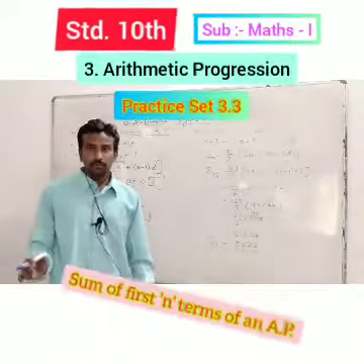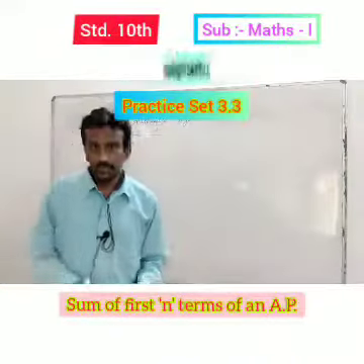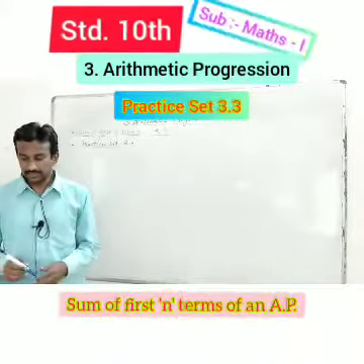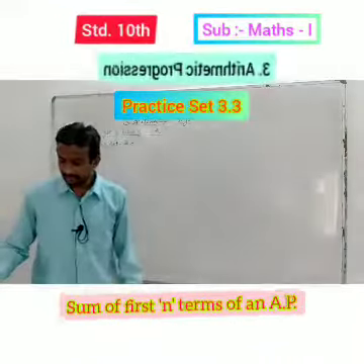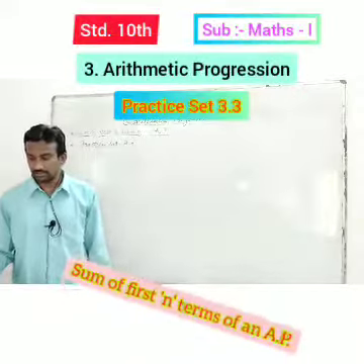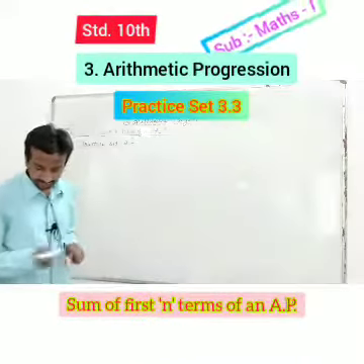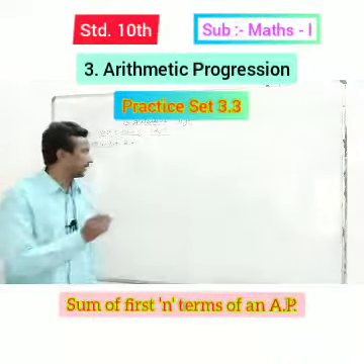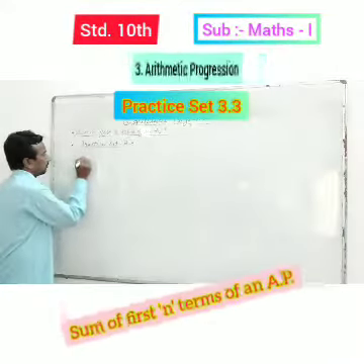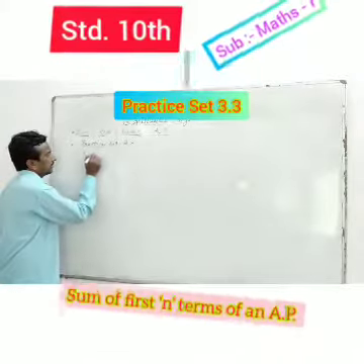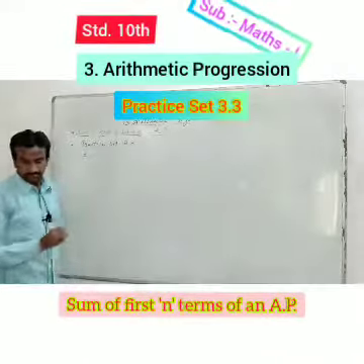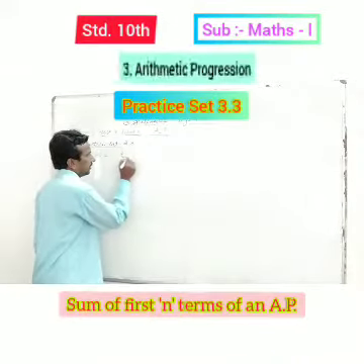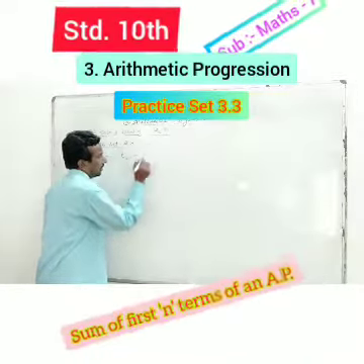Now we will take the fourth example. Now we will see question number 4. In an AP, the 19th term is 52 and the 38th term is 128. Then find the sum of first 56 terms. Given, T19 is 52 and T38 is 128.